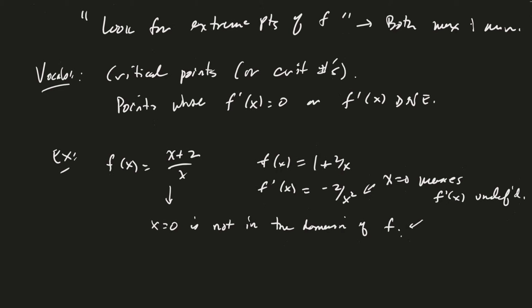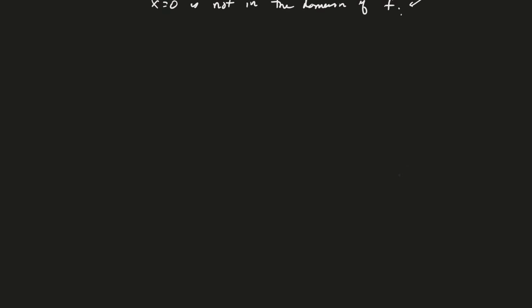Okay, let's think about this. What we want to do now is come up with an algorithm for finding, well, maybe before we do the algorithm, we need a little bit of theory. Before we look for a max or min, we better make sure a max or min is there.